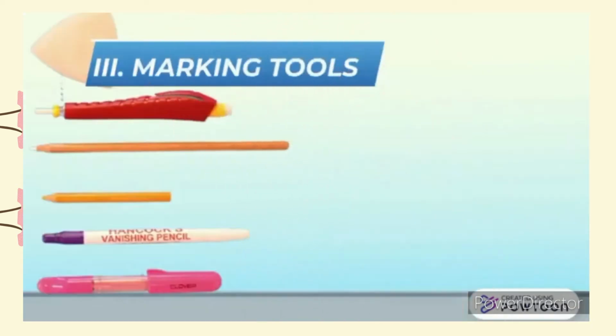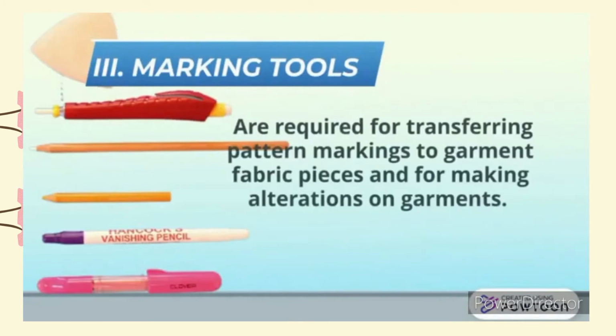The third category of sewing tools is marking tools, which are required for transferring pattern markings to garment fabric pieces and for making alterations on garments.